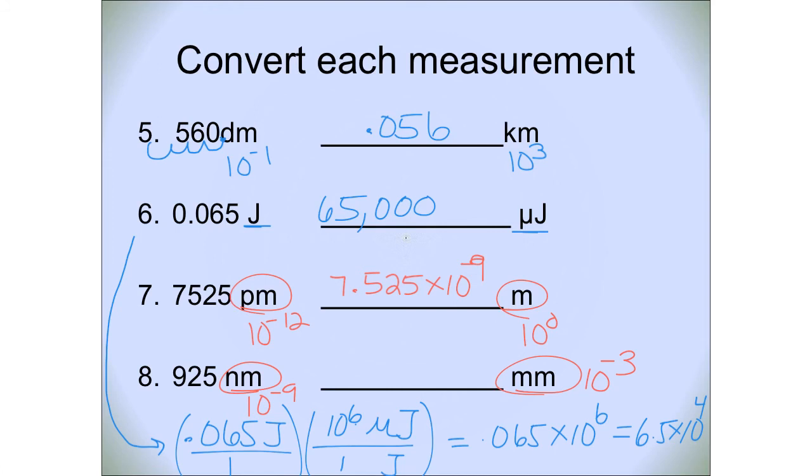My unit is getting larger since a millimeter is larger than a nanometer, so my number has to get smaller. So we are going to be a decimal, 3 zeros, 925. Or you could have had it in scientific notation. That would be 9.25 times 10 to the negative 4th.